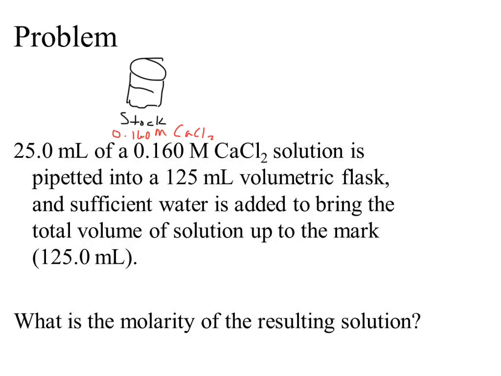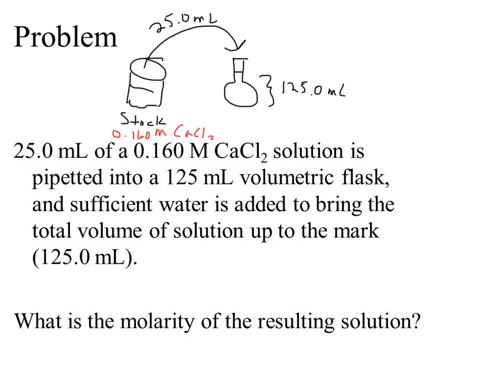And it says they transferred, probably using a pipette, just like you guys used 10 mil pipettes, a 25 mil pipette. So 25.0 milliliters of the stock was transferred over, probably to a volumetric flask. I think we've seen these in here. They have tall necks with one calibration mark, and this calibration mark shows where you dilute it up to get 125.0 milliliters.